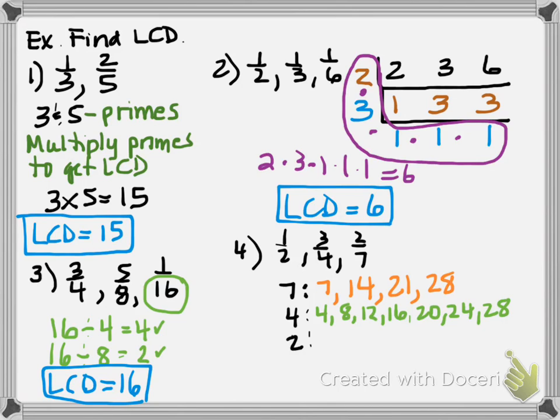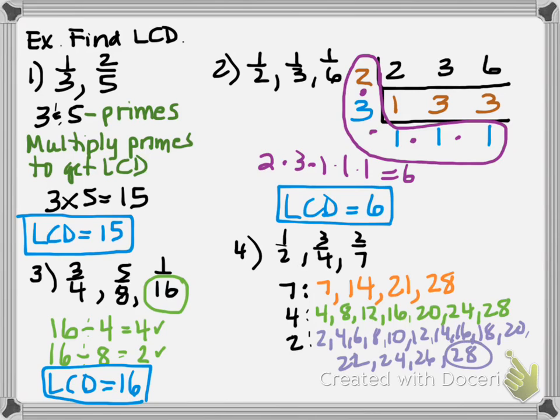Can 2 go into 28? And the answer is yes. We've got 2, 4, 6, 8, 10, 12, 14, 16, 18, 20. Notice I'm running out of room. 22, 24, 26, 28. So eventually I find that all three of them have the same one.